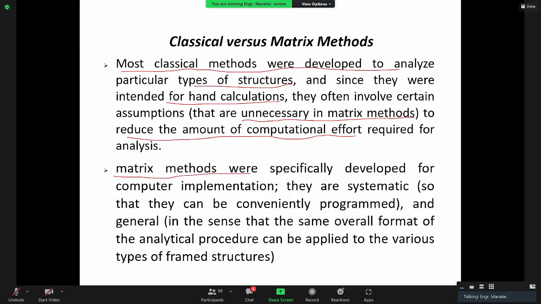Now, for matrix methods, as emphasized a while ago, they were specifically developed for computer implementation or computer programming.